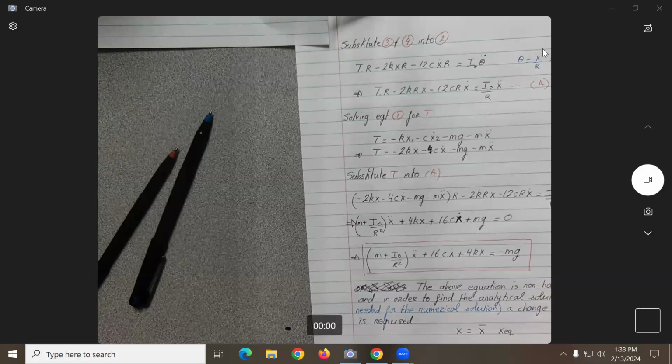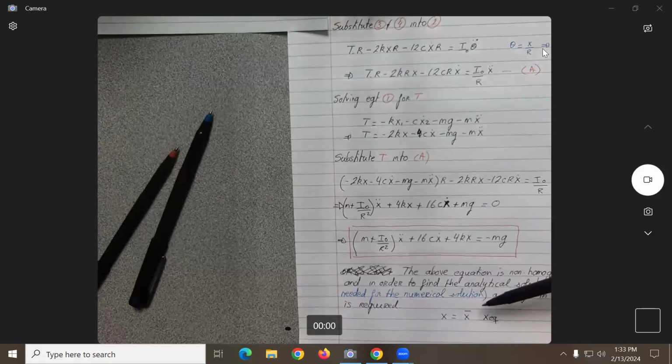So we get mg, minus mg. Okay, let me solve one second. x would be x dot, the new variable.